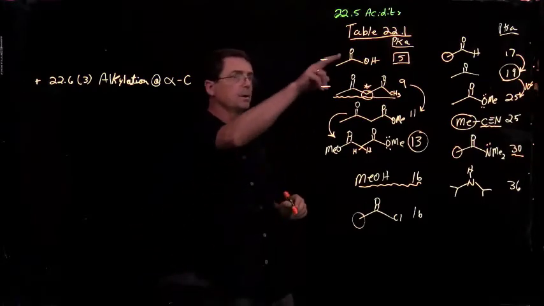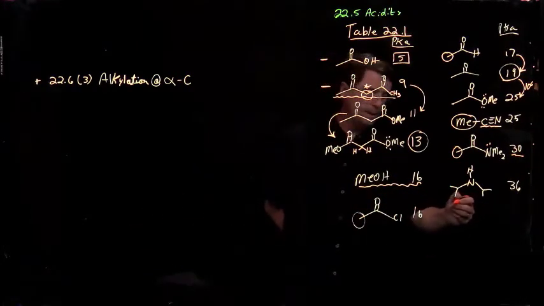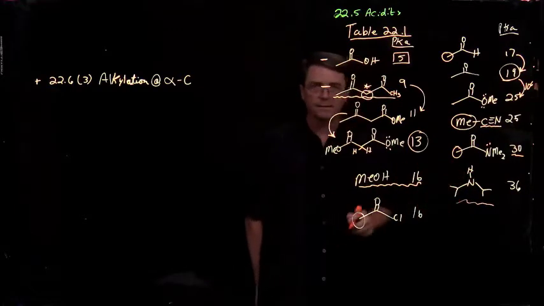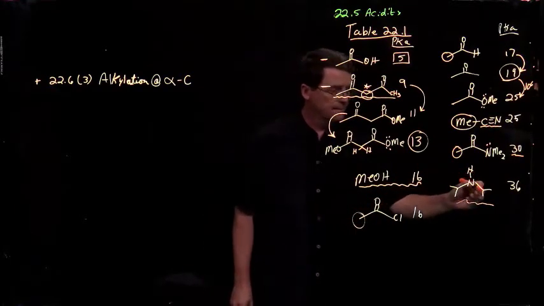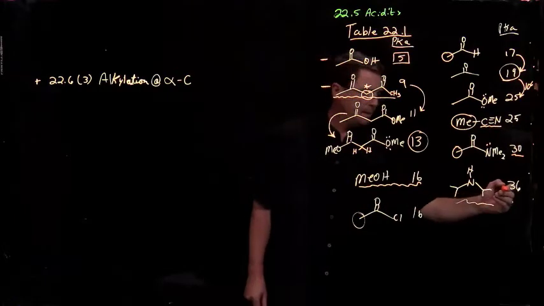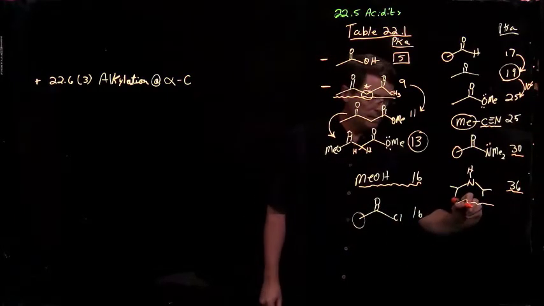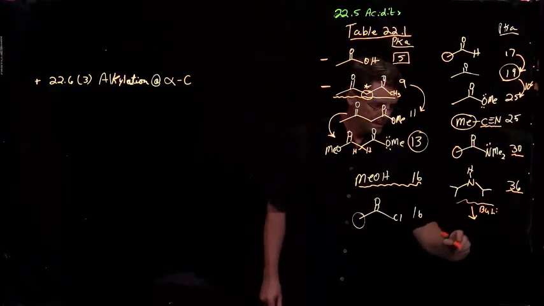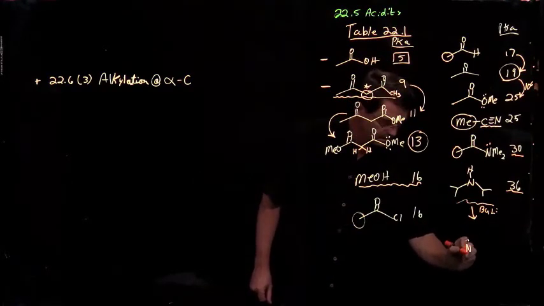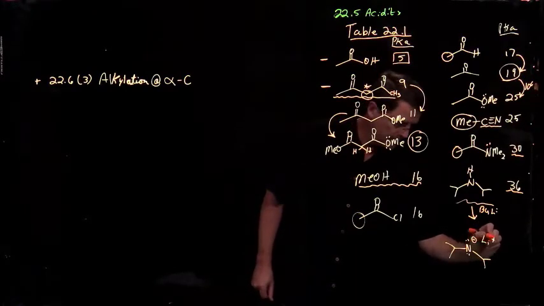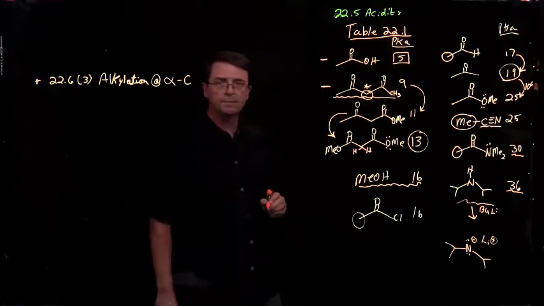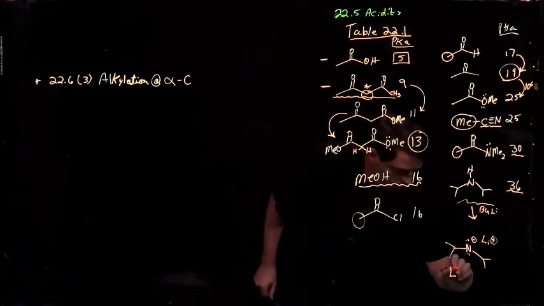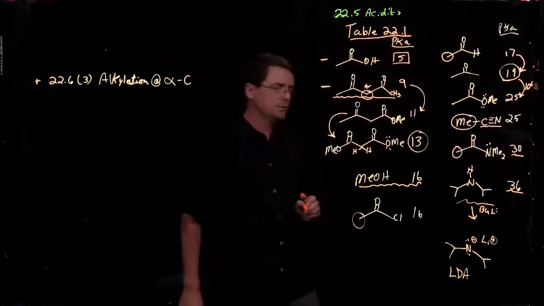Now, the final one, we started with an acid, and then we're going to bracket it with a base. Why? Because the conjugate base of this acid, this is diisopropylamine, the pKa is 36. So what that means is if we deprotonate this, say with butyllithium, we make lithium diisopropylamide, or LDA, which is a strong base.